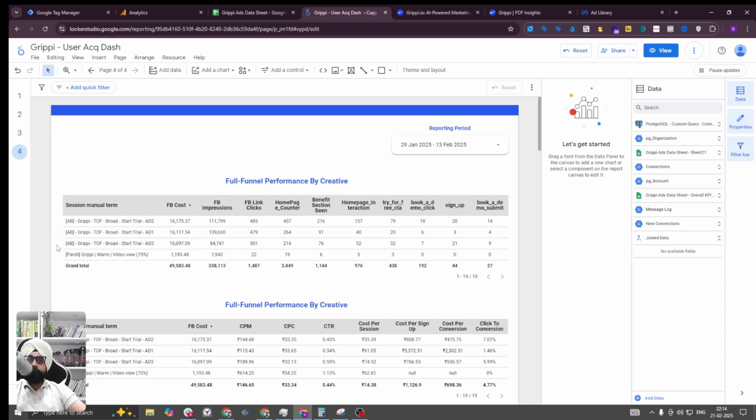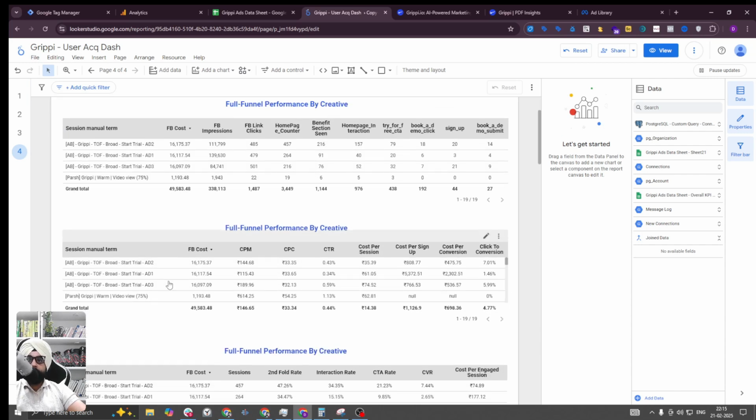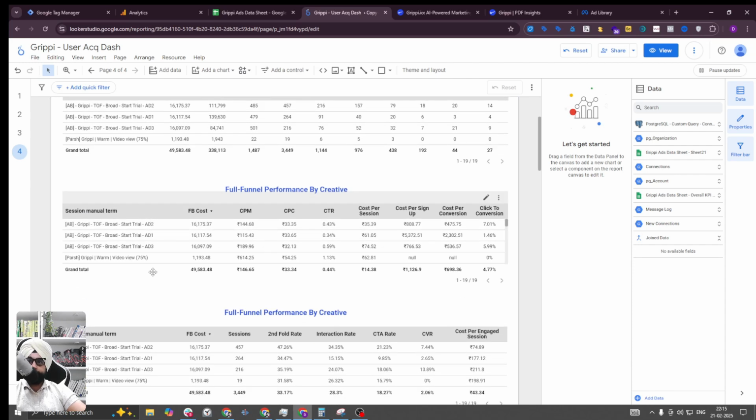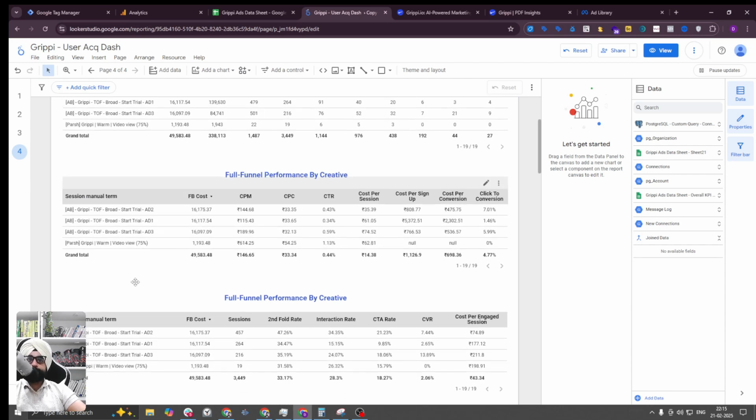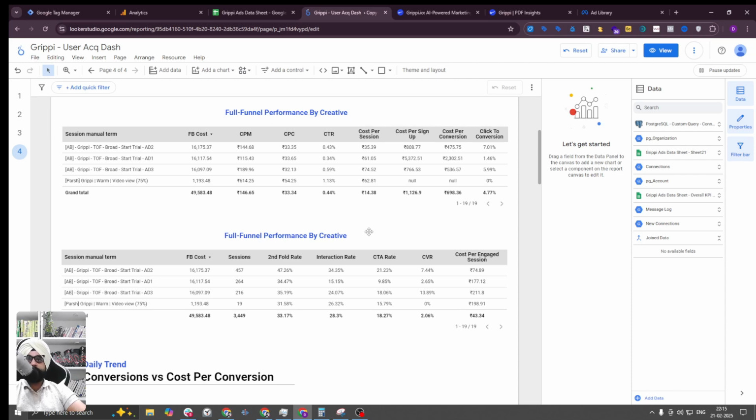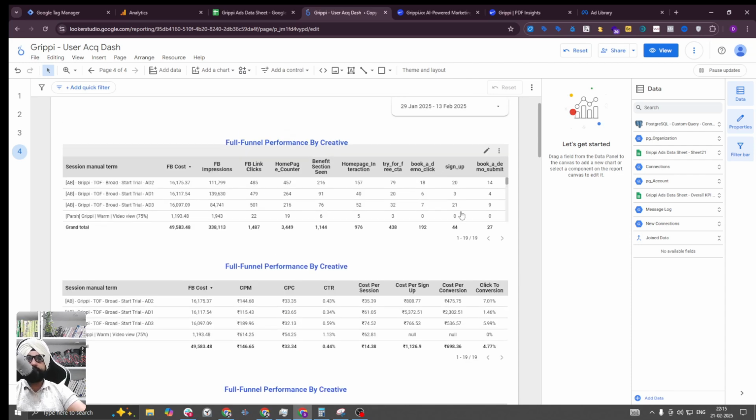So in our case, we can clearly see that the creative which is having the best click to conversion rate, 7.01%, is ad 2. Okay. And it is also having, I think, the highest number of signups that we have got, 34. The next one is 30, but 34 is the highest that we have got, from ad 2.